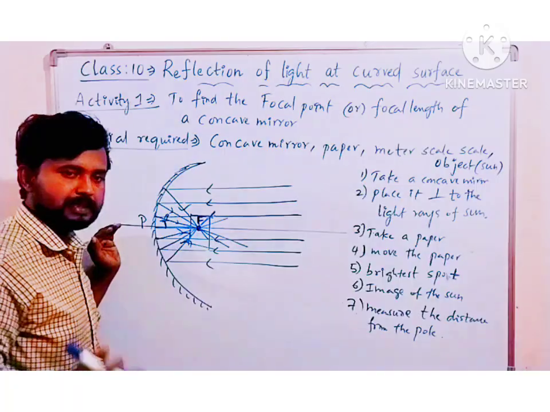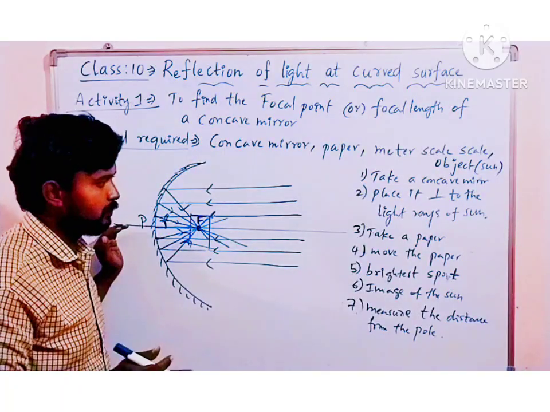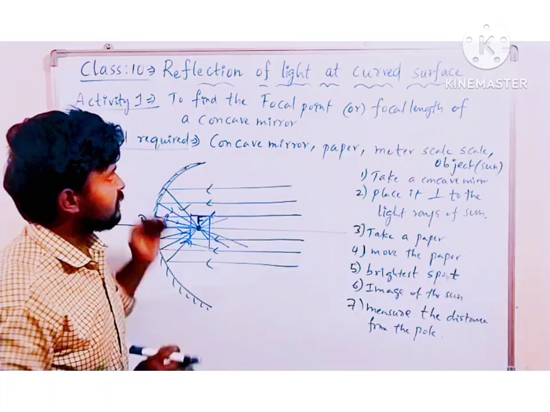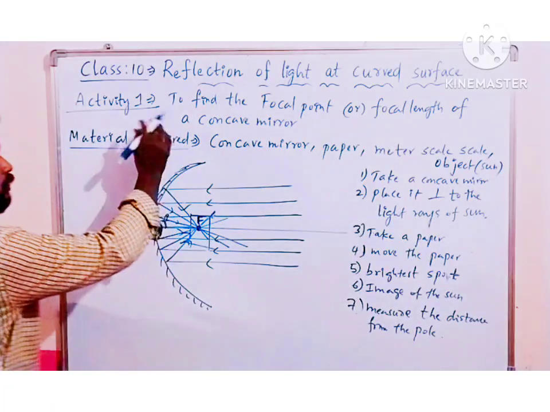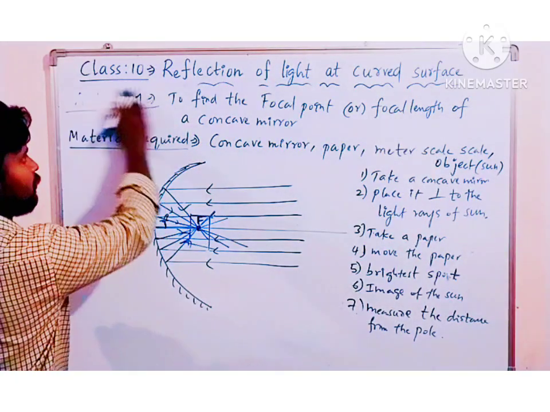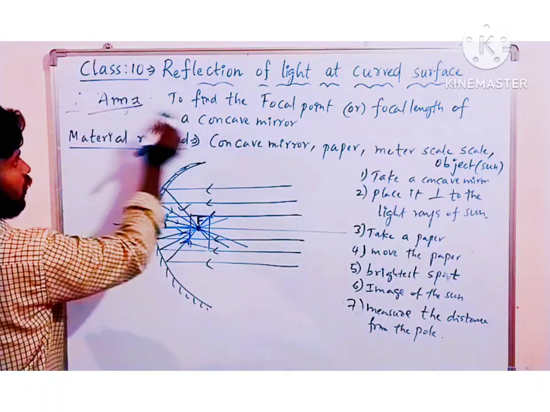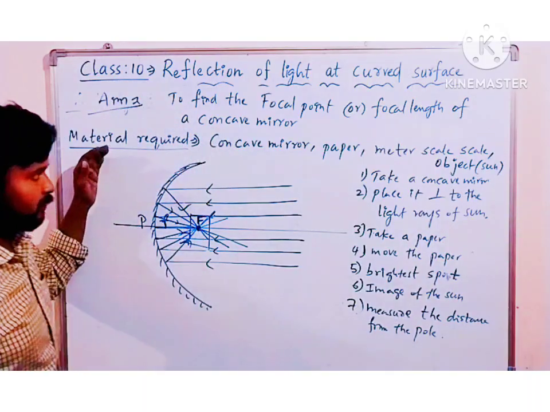This question was previously asked in the exam. You have to look through this experiment. First step is the aim; write the same aim as in the question: to find the focal point of a concave mirror. Then material required.